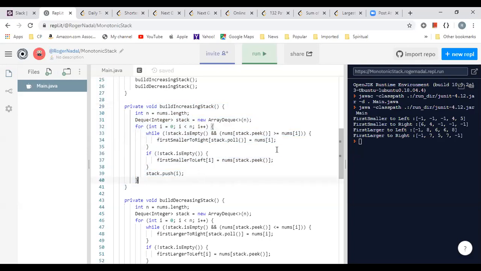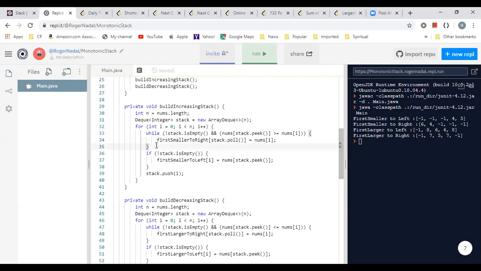Whenever a new guy comes, we check his position: do we need to kick out anyone? If we need to kick out anyone, then those guys who are kicked out can note this information that the person who just came in and because of whom I got kicked out is the first smaller towards my right. So that's this line, exactly the same thing we are doing.